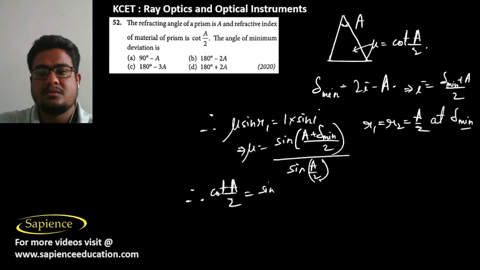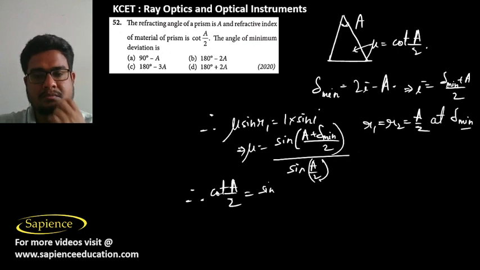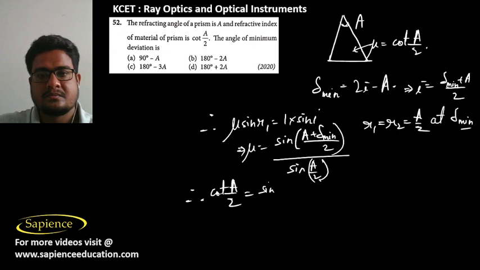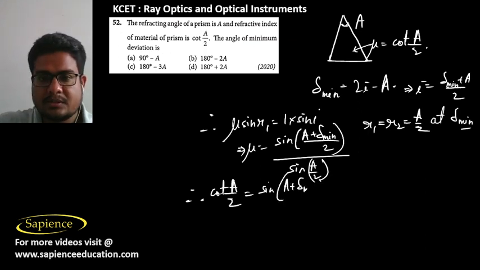Cot A by 2 is equal to sine A plus delta by 2.